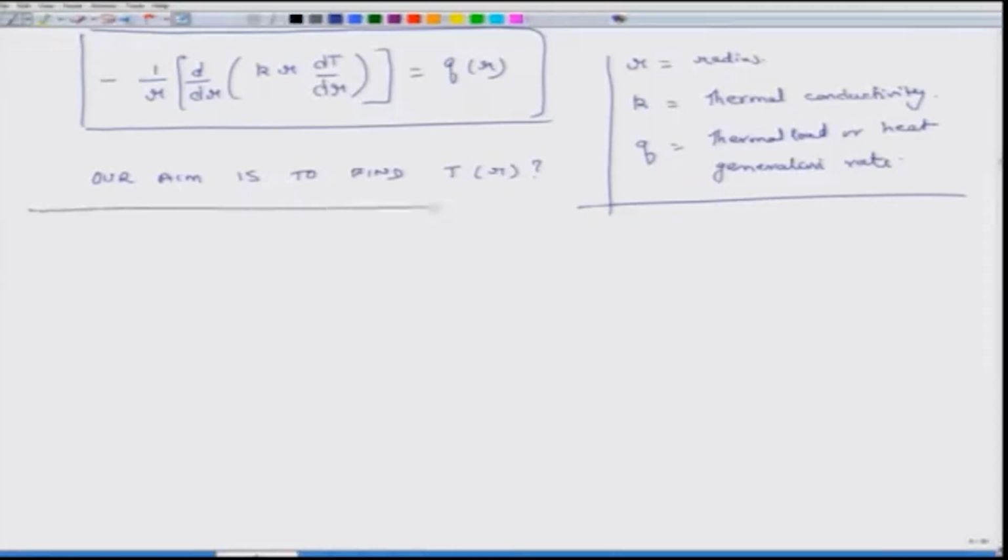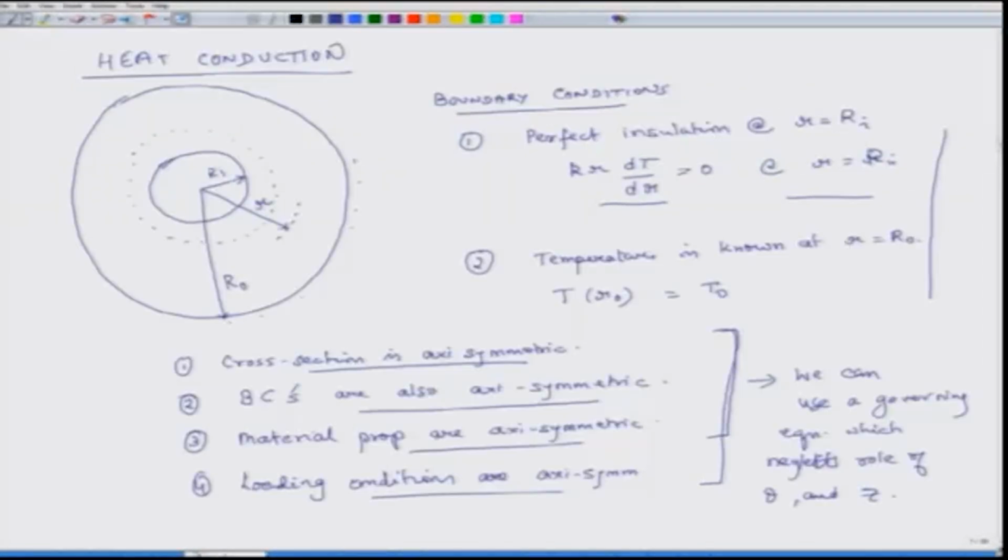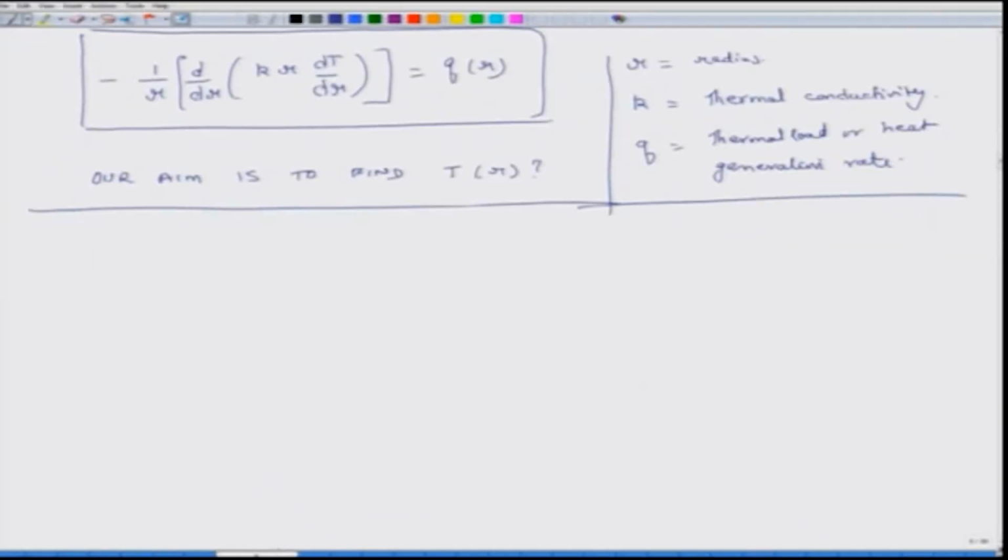So, if you try to solve this problem using some standard way in an exact form, you will not be able to solve that problem. So, what we will do is we can solve this problem, however, using finite element method.